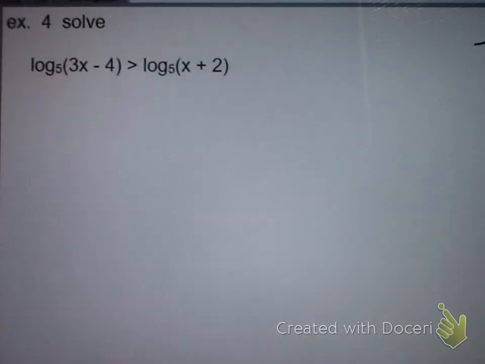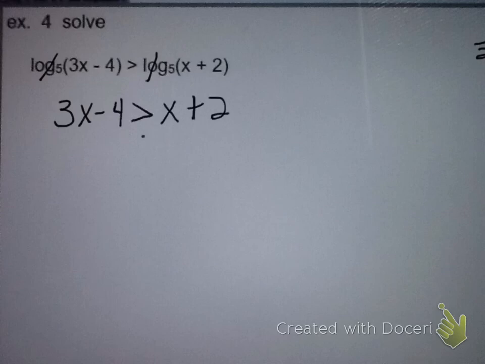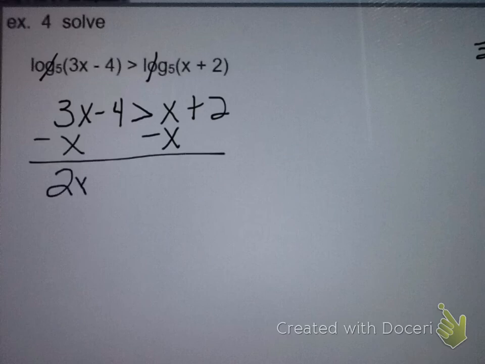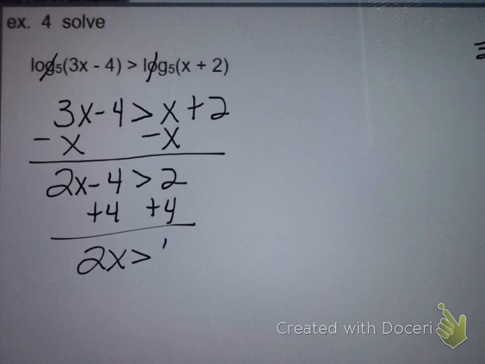Okay, let's do this example. The log base 5's go away. So we get x is greater than 3.